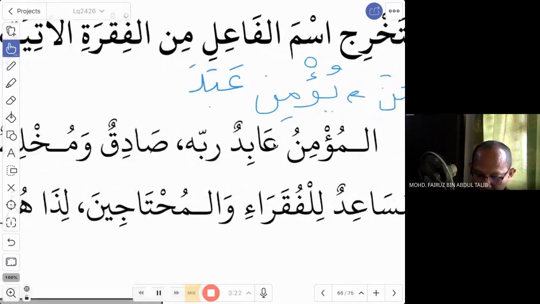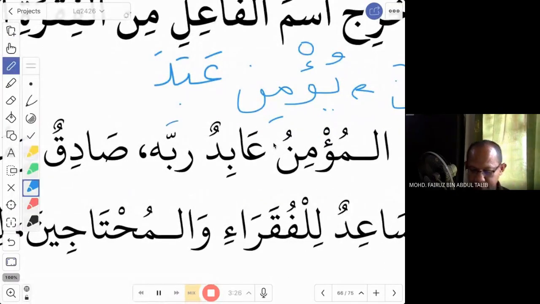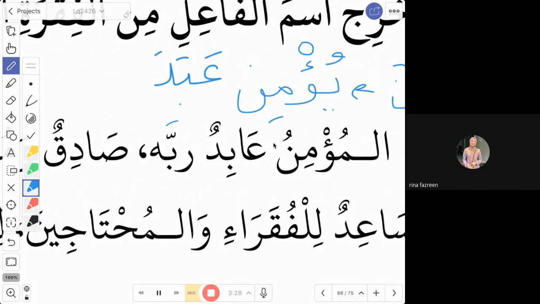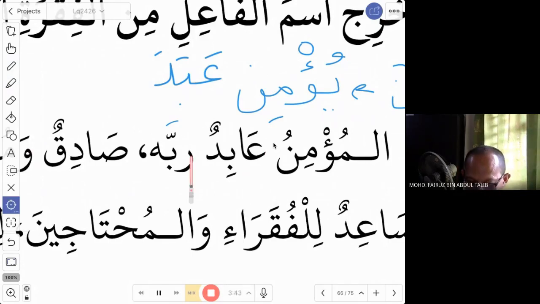Al-mu'min abidun rabbahu. The believer worships his God. He's a worshipper of God. Yes, or you can say a believer is a worshipper of God. But in this jumlah, we don't translate as a worshipper of God. The meaning is similar to the meaning of its verb, which is ya'budu.